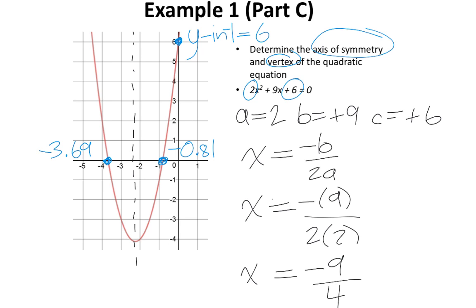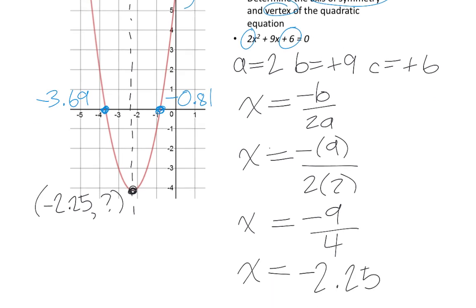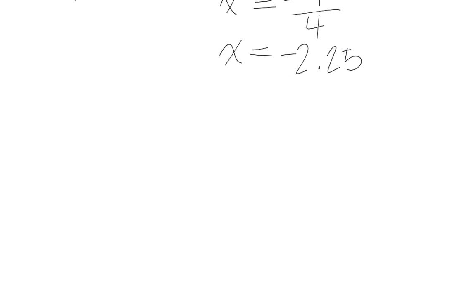Now, if you remember, the axis of symmetry passes through the vertex. So that means the x-coordinate should be negative 2.25. However, we still do not know the y-coordinate. Well, since you know the x-coordinate, you can substitute that value back into the quadratic equation and solve for y. So I'm going to do that quickly down here.